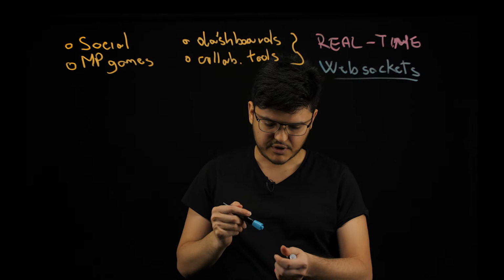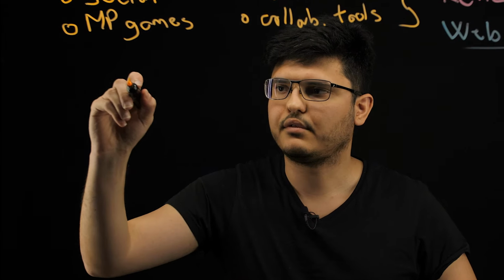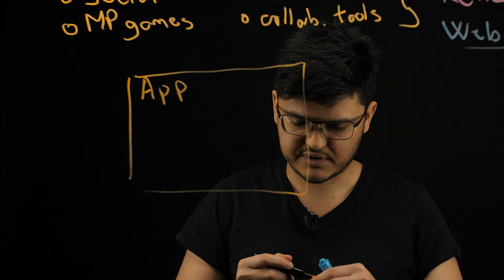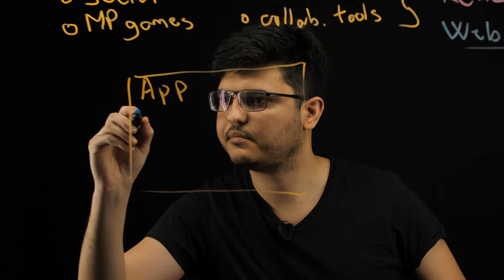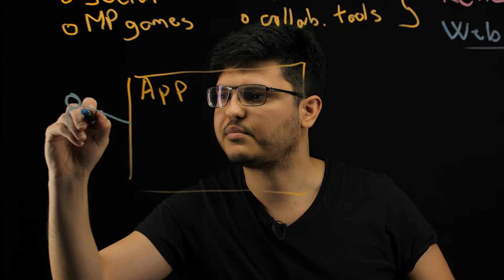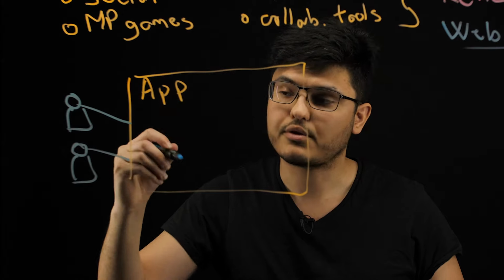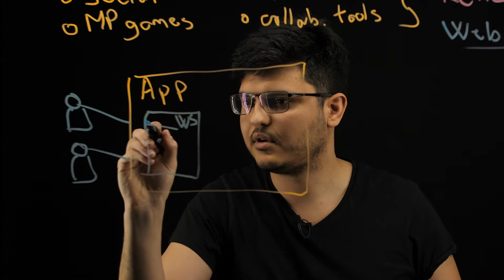So how does that work in practice? Basically, you have your application, and your application holds a bunch of WebSocket connections to its clients. So here you have one WebSocket client, this is another WebSocket client. And in your code, what you do usually is that you keep a list of all these WebSocket connections.